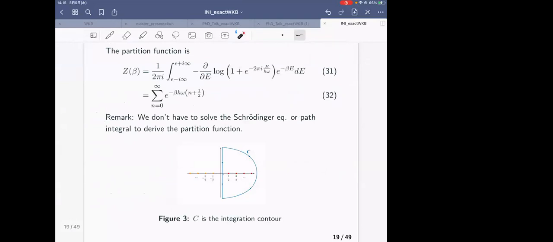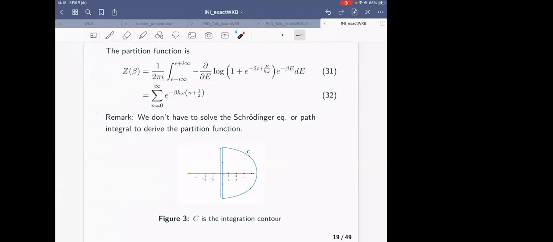For example, when we use the harmonic oscillator's exact quantization condition, then here is D, and the partition function should be obtained by this integral, and this is easily calculated by the residue theorem.